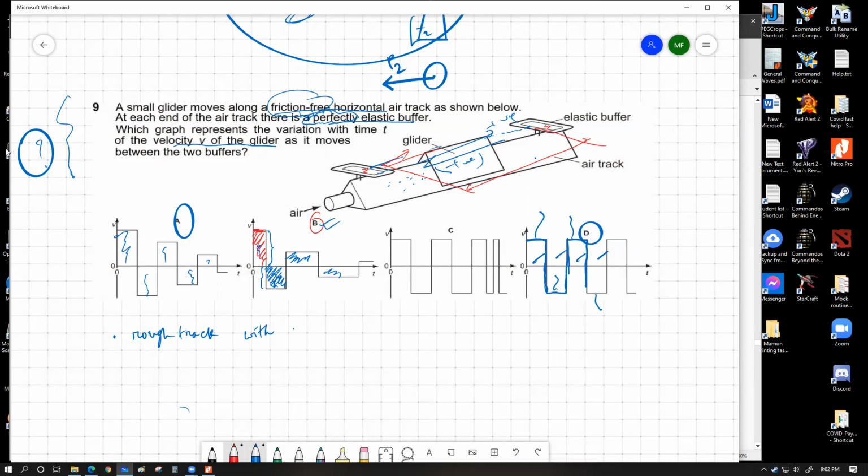Rough track with elastic buffer, how would that graph look? Let me ask you, what change would a rough track bring about in the graph? Sir, more friction, it will take a longer time to cross, slowly. Okay, what about the shape change?